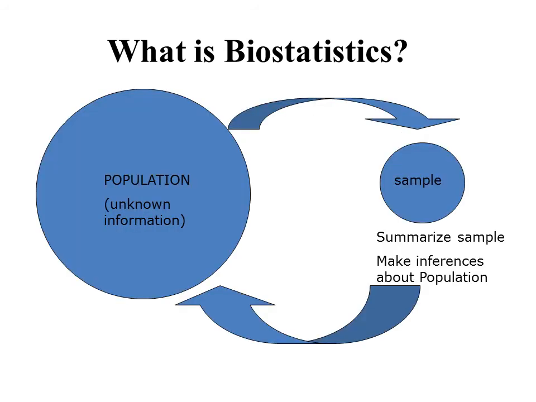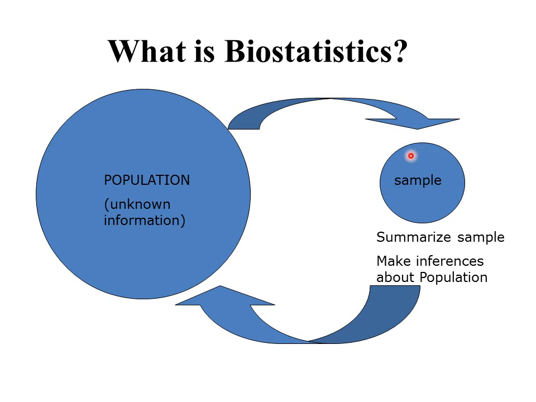This graphic right here, I think, summarizes this definition of what is biostatistics. So we're going to start off here with some population. Maybe it's a population of people that we want to know something about. And so in order to know about that population precisely, I'd have to go out and get information from every single member of that population. Well, that population could be several million people, and so that's impossible. I can't go out and survey every single person.